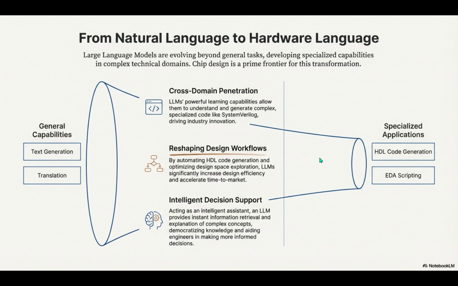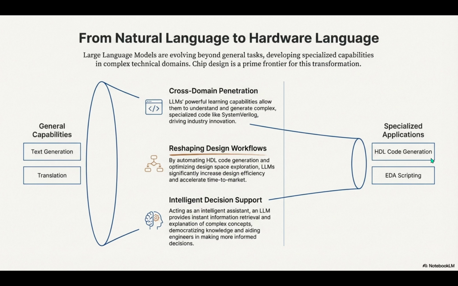Which is your second point, right? Yep. Reshaping design workflows. By automating the grunt work, the hardware description language, or HDL, code generation, and by handling the often fiddly automation scripting, LLMs just massively increase efficiency. So all those little scripts engineers hate writing. The LLM handles that, and that dramatically accelerates time to market.